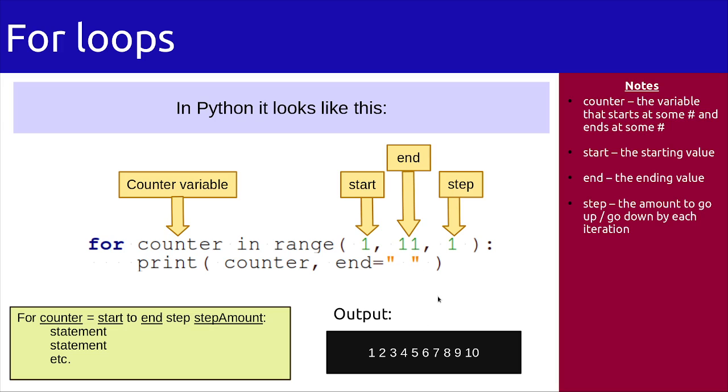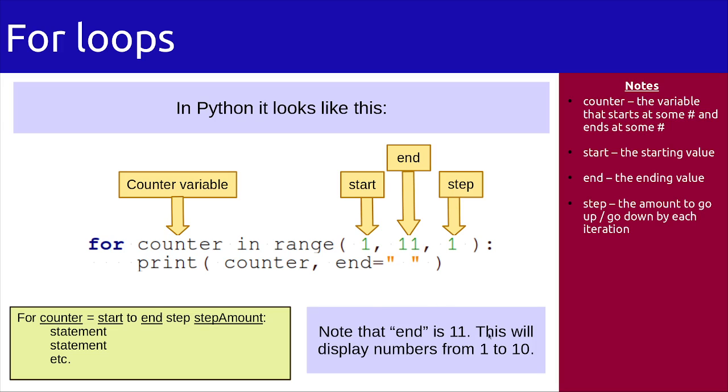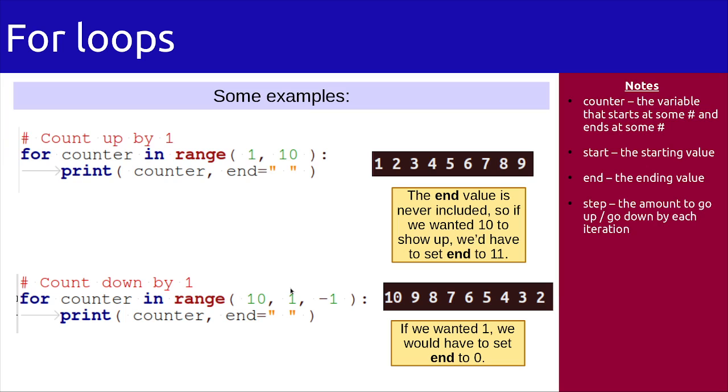So just keep that in mind. So again, note that end, we want it to be 1 above the value we want to end at. The step is optional. We could just leave that part off, not have this comma here. If we don't have step defined, it will just step by 1 every time.